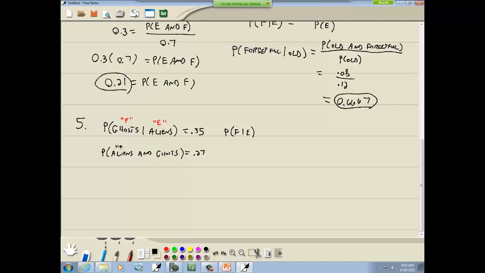And this is our E, and this is our F. Actually, I want to do this in red. Not that it matters. So that's E, and this is F. There we go. Which is the probability of E and F. So this is 0.35, and this one is 0.27.